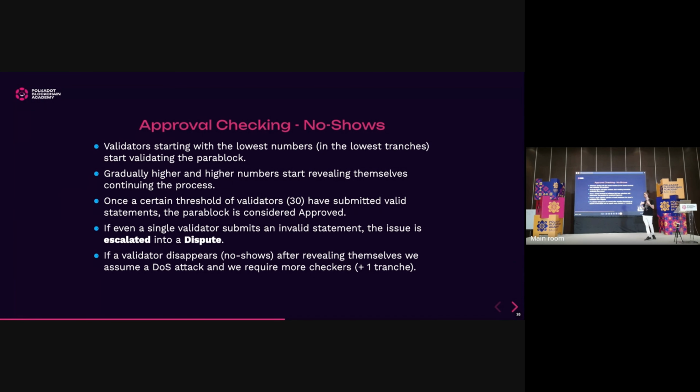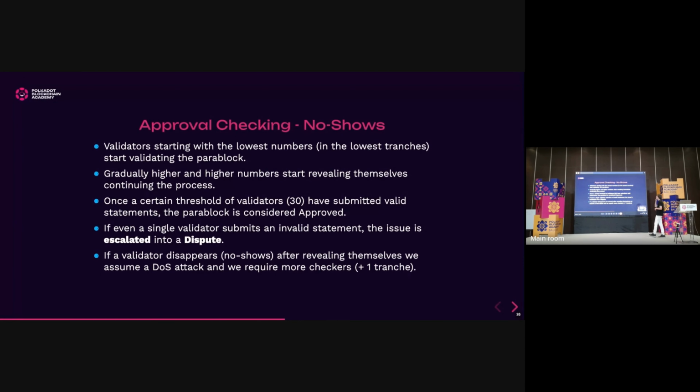And even if we don't announce it so willingly, remember, the approval checkers don't have access to the POVs, they don't have the data. To rerun the checks, they have to fetch the data, reconstruct the necessary POVs from data availability. If they suddenly start reconstructing a POV for a specific parachain block, this is already announcing, hey, I am the checker.